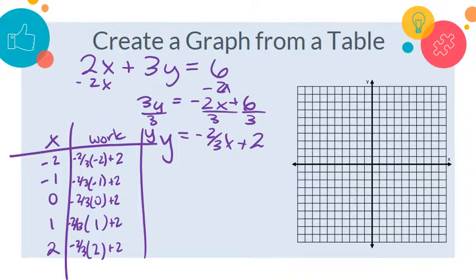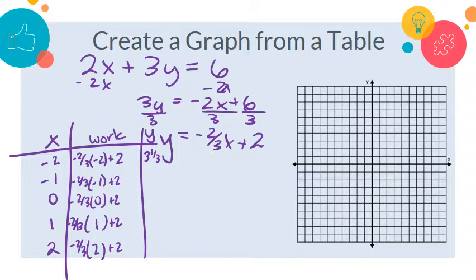And then calculate. Well, negative 2/3 times negative 2 would actually be 4/3. 4/3 plus 2, 4/3 would be 1 1/3, so I'd end up with 3 1/3. On a test, I won't give you anything that specific. You'll probably end up with pretty easy whole numbers to work with.